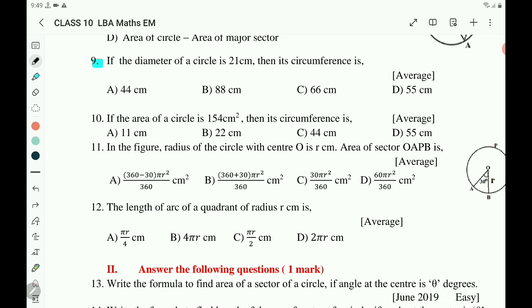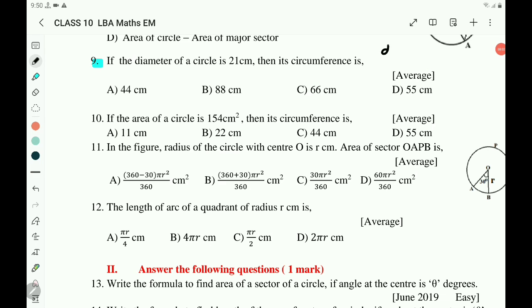Directly you can use the relation C is equal to pi D, or C is equal to 2 pi R, where 2R means D. Pi is 22 by 7. Diameter is 21. 7 ones are 7, 7 threes are 21, 22 into 3, 66.